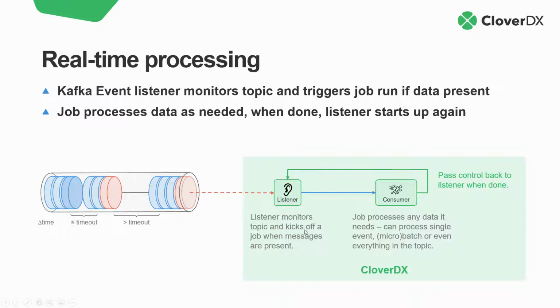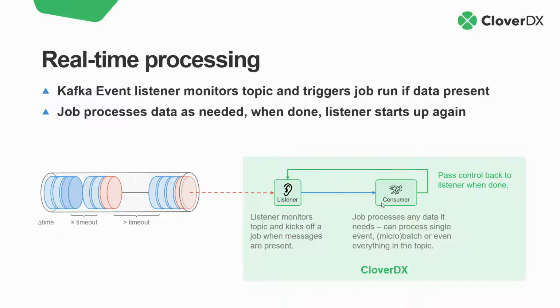A CloverDX Server Kafka listener monitors this topic, and when an event arrives, it automatically dispatches a consumer job to process the events. The consumer can be configured to consume one event, any specific number of events, or all available events before passing control back to the listener. This cycle repeats indefinitely.